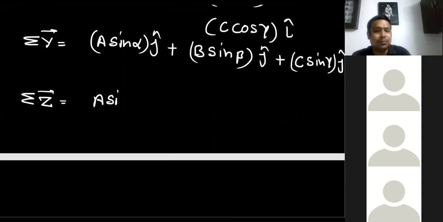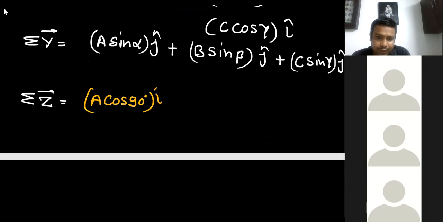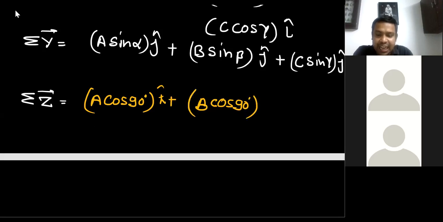Very good. But please listen very carefully. A cos 90 k cap, because vector A makes an angle of 90 degrees from k cap. Similarly, B cos 90 degrees k cap and C cos 90 degrees k cap.